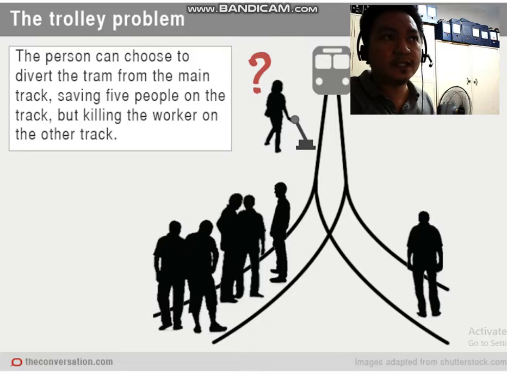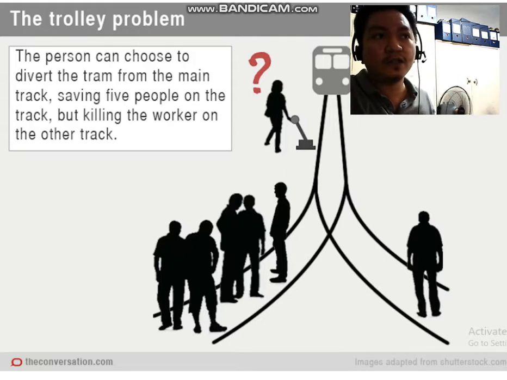So this case scenario will let you choose where to pull your lever, toward the many people, the five, or toward the one person. So ultimately, you would have to sacrifice a person's life in pulling the lever.